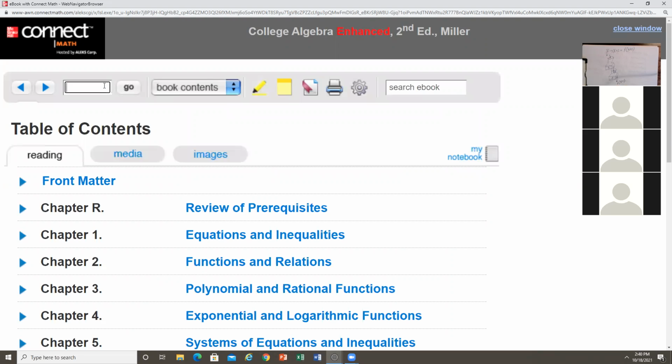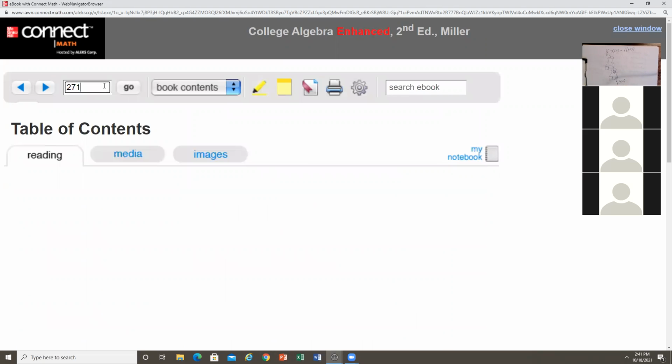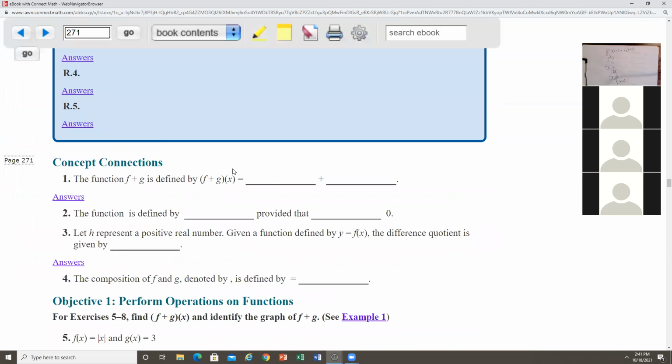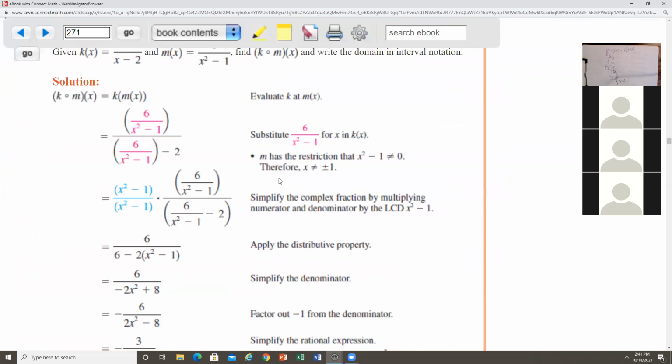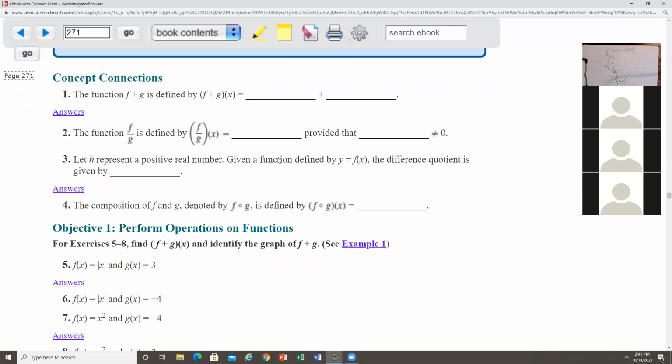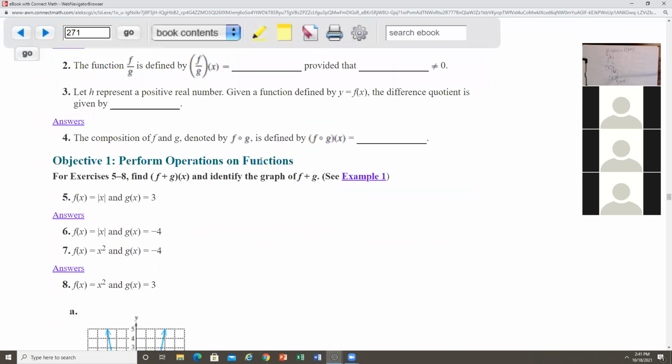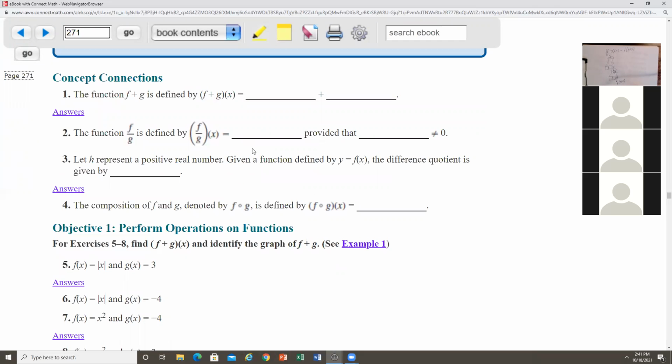All right, so I'm going to page 271. And this is where the problems begin for section 2.8 here.